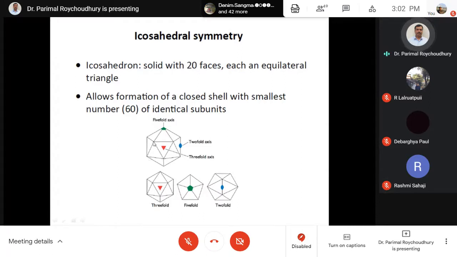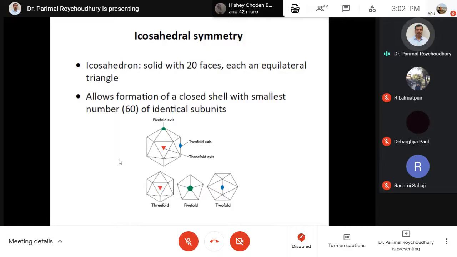These are the equilateral triangles. I mean, all the sides are of the same measurement. Equilateral triangles, 20 faces, and 30 edges. These are the edges of the icosahedron. So this is the definition of an icosahedron.